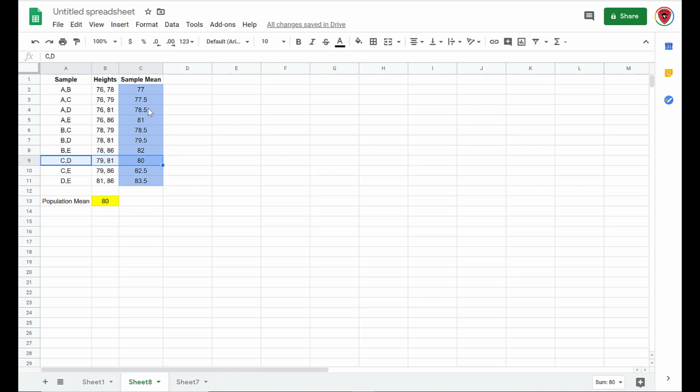So we have players A and E, we have players B and D, C and D, and that's it. Those 3 samples are the only ones that are within 1 inch of the true population mean. So there is a 30% chance that we will select a sample that is within 1 inch of the true mean of the population that we are studying.